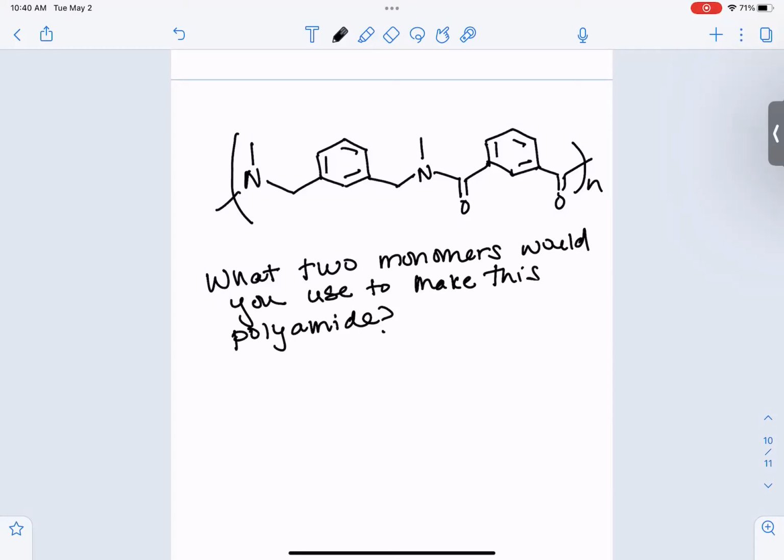All right. What two monomers would you use to make the polyamide?